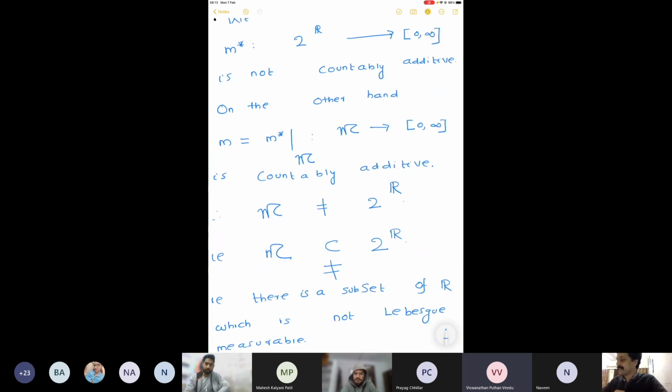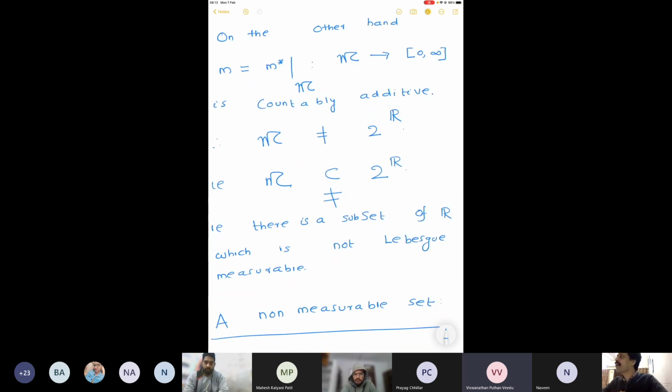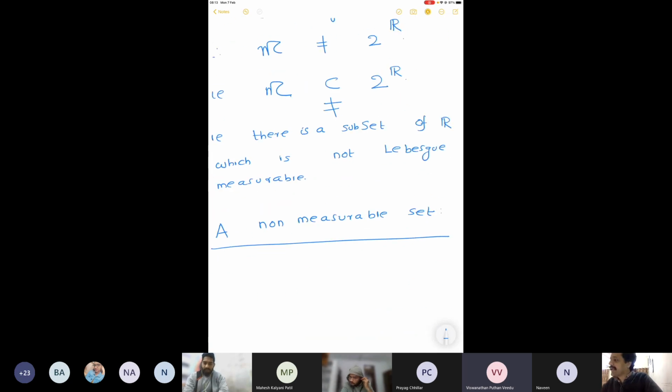M star is not countably additive on 2 power R, whereas its restriction is countably additive on script M, and this shows that M and 2 power R cannot match. So in that way, we are sure there exists a non-measurable set.